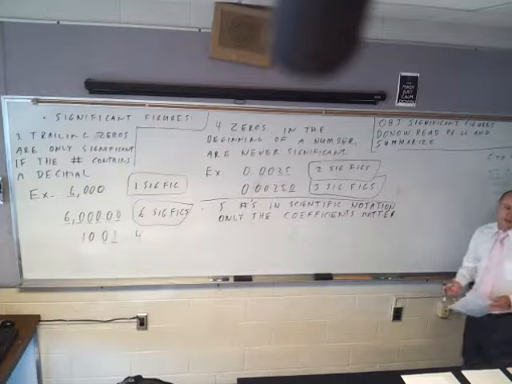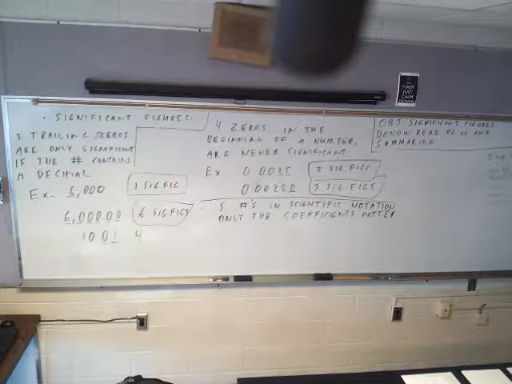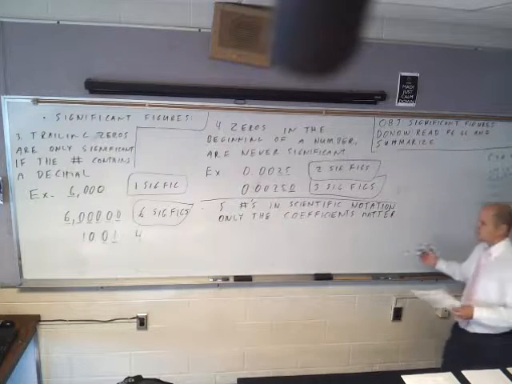So you're not going to look at the exponent. The number says 10 to the power of 25 below it. That's completely irrelevant. You're just going to look at the first number that's multiplied by the exponent. That number, how many significant figures that has, that's how many is in the answer.